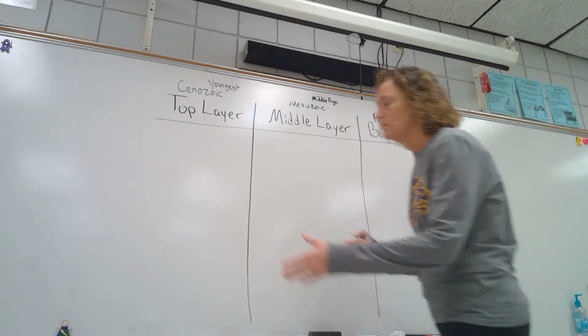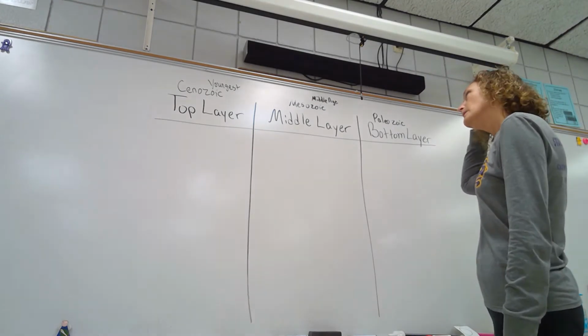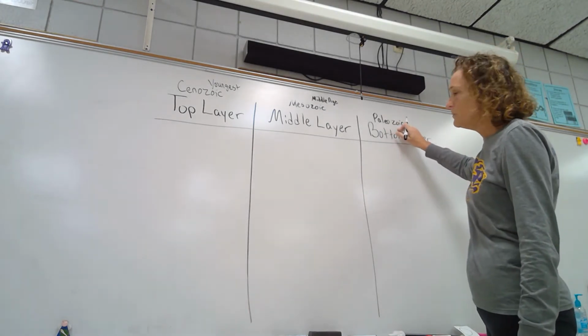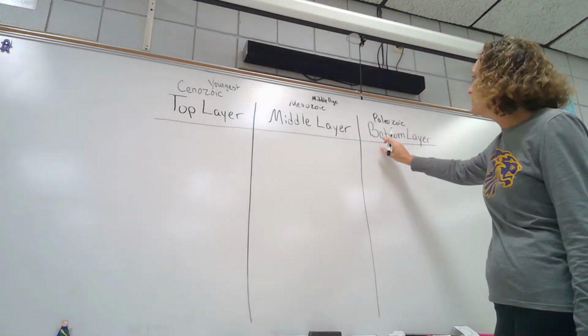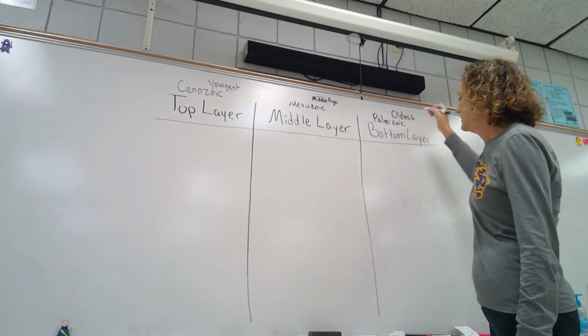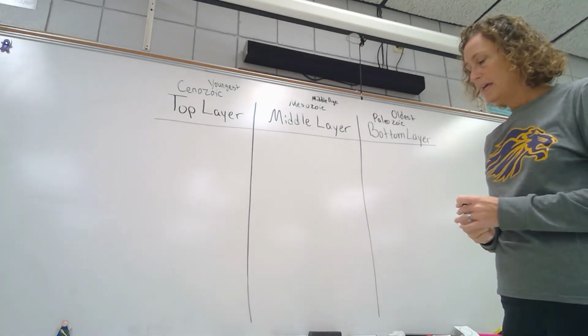You can turn your paper long ways too if you want, that's easier. And then the bottom layer, you don't have to write Paleozoic, but if you want to, you can. But make sure you put that it's the bottom layer and for sure that it's the oldest. Okay? Give me just a second to do that.